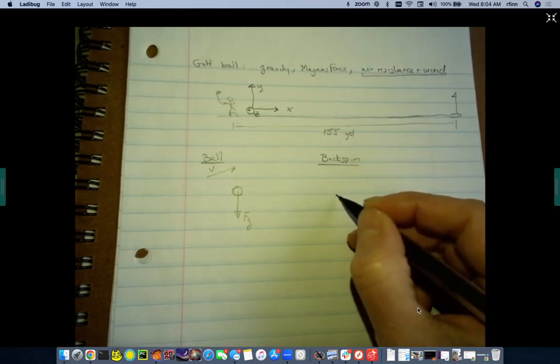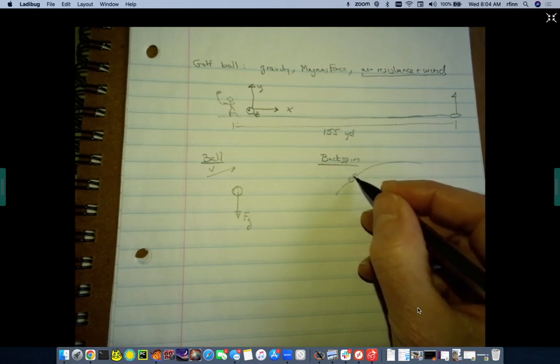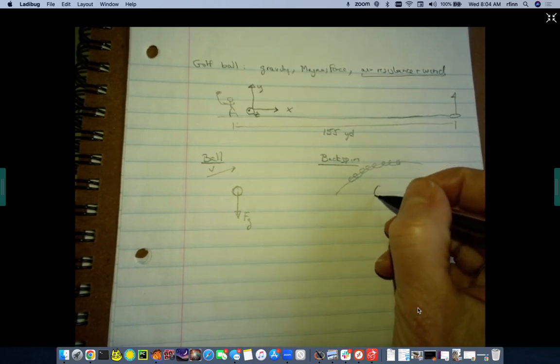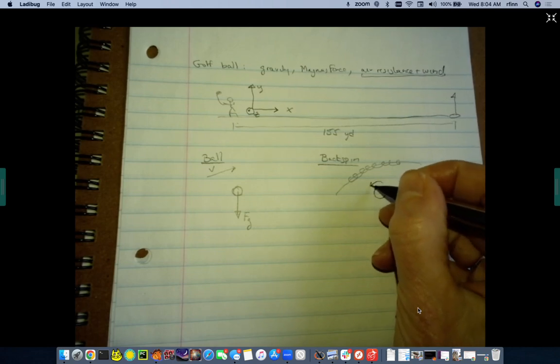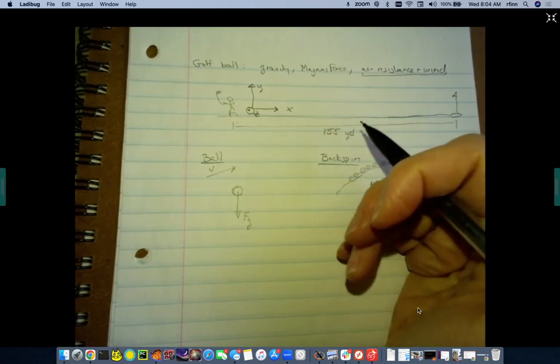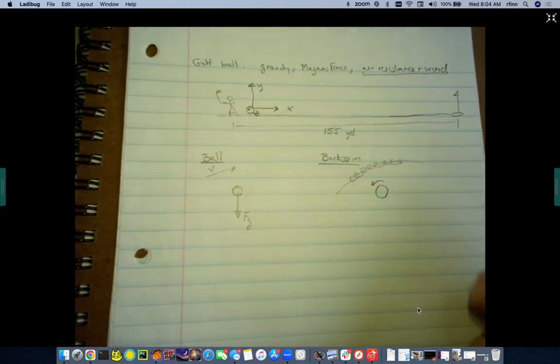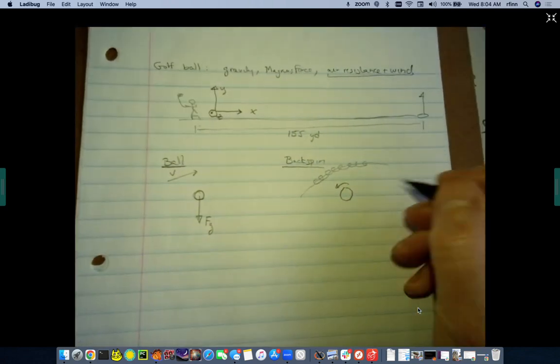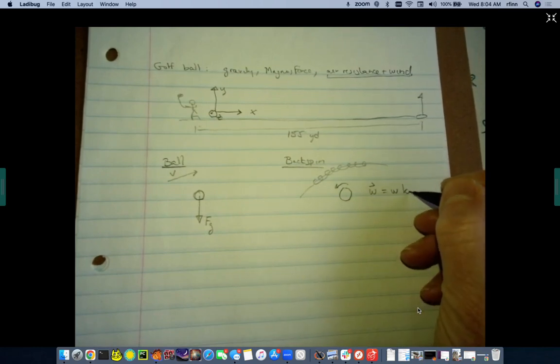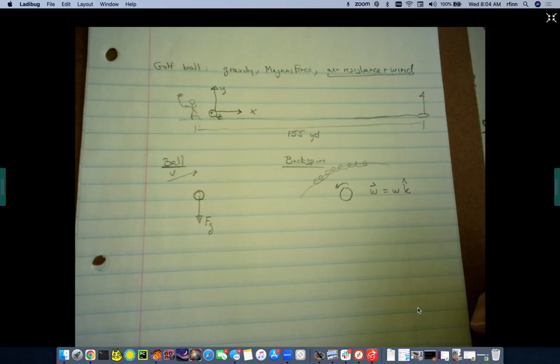So this means as the ball is going this way, it's spinning backwards like this way. So, if we just freeze the ball for a second, it's spinning that way. If we do our right-hand rule, put our fingers in the direction of rotation, our thumb shows the direction of the angular velocity. So omega is just omega k hat. It's only in the z direction.